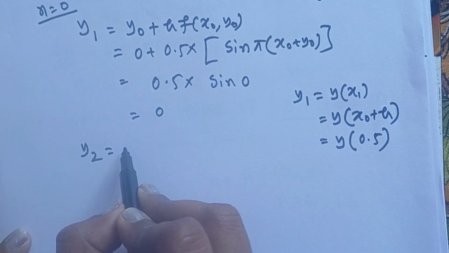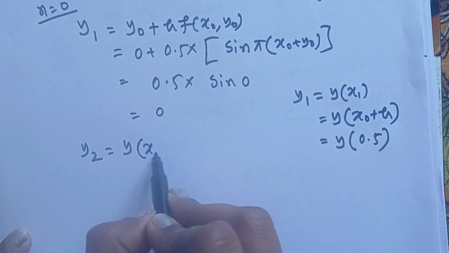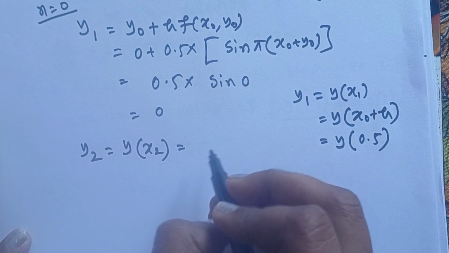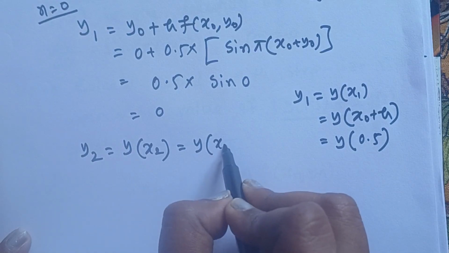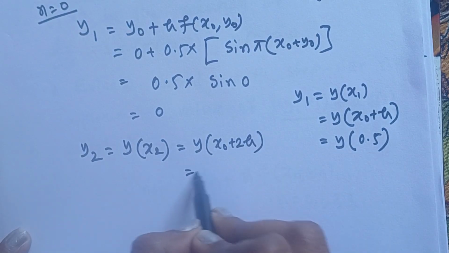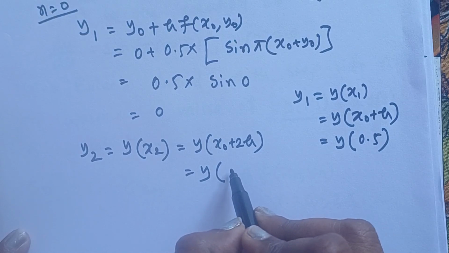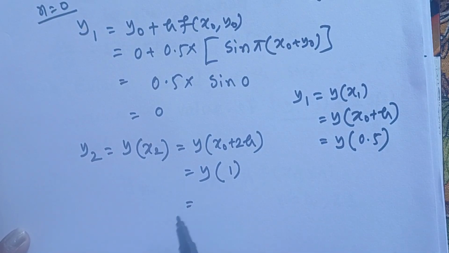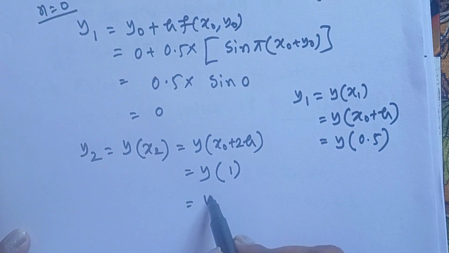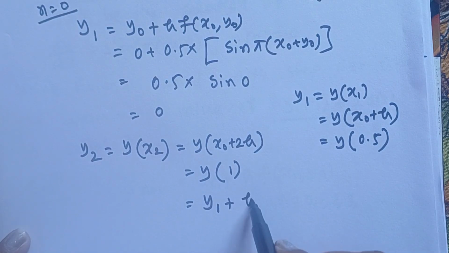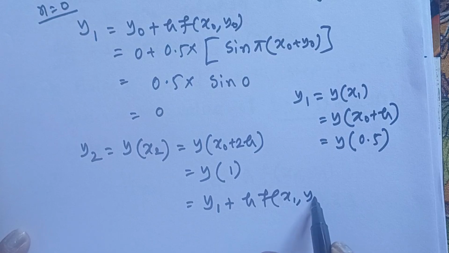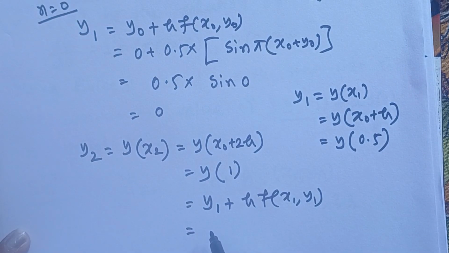Now y2 = y(x2) = y(x0 + 2h), which is y(1), because x0 is 0 and h = 0.5. So using Euler's formula again, y2 = y1 + h f(x1, y1). y1 equals 0, we already obtained this, and h equals 0.5.